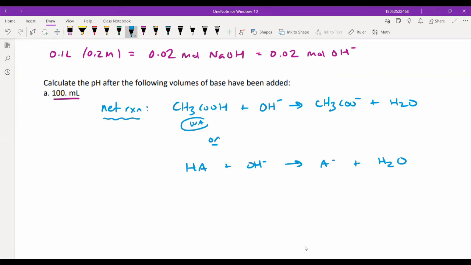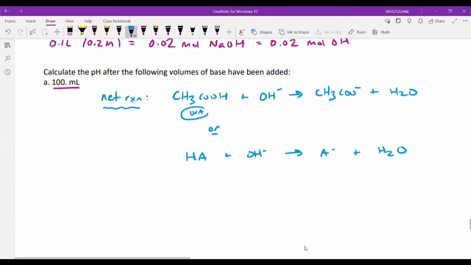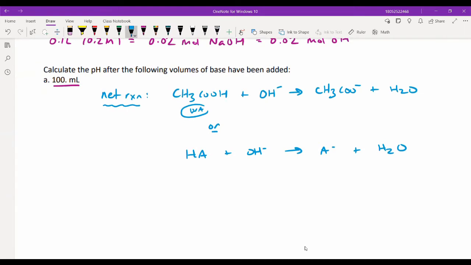I don't need to worry about which weak acid it is. Also, when you do a titration, you only titrate with a strong base. You would never start with a weak acid and then add a weak base. It just is not done. So you're never going to have a base that's different than hydroxide here, is the point.